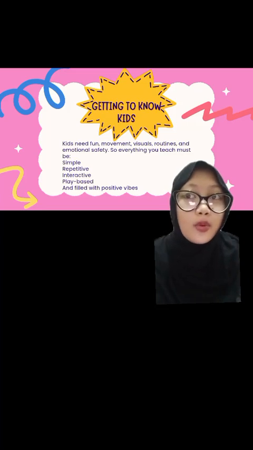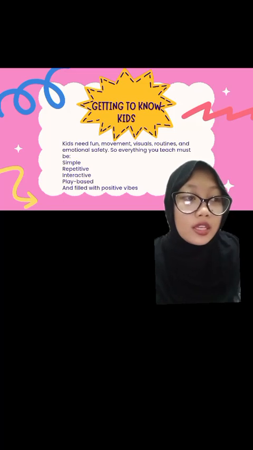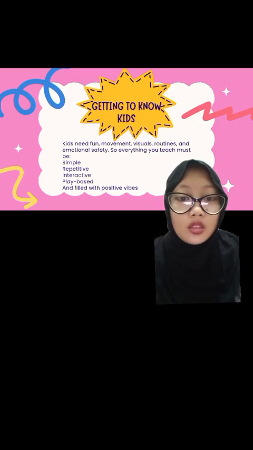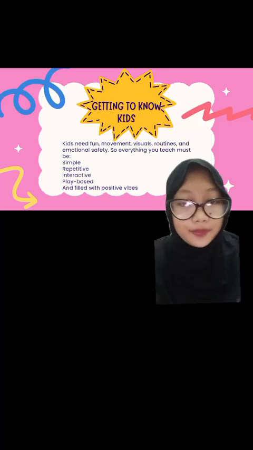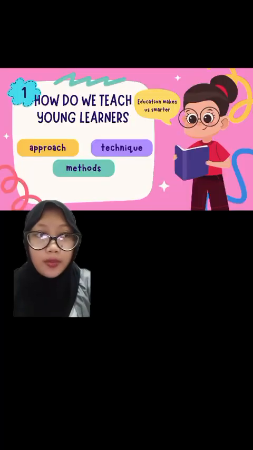For example, when we teach young learners about a cat, not only do we have to repeat that the animal's name is cat, but we also have to show the image of the cat, how a cat looks, because they are imaginative.